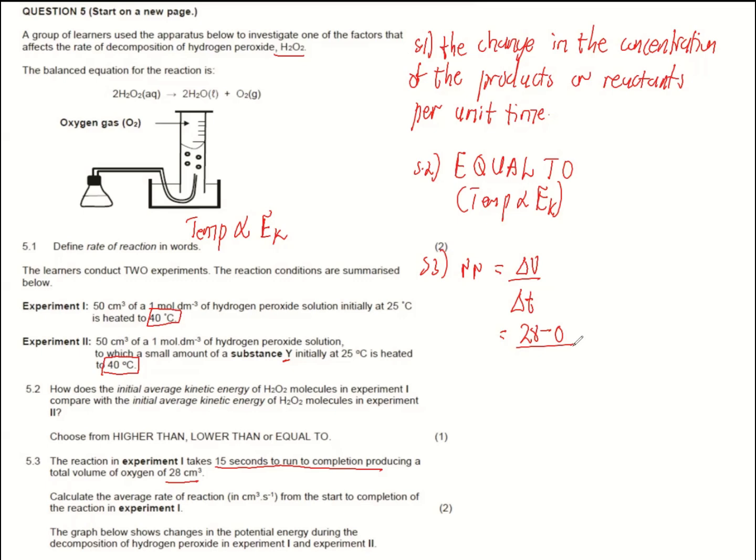And then the time, we said it takes how many seconds? 15. Initially the time was 0. So 28 divided by 15, you grab your calculator. This will give us 1.87 cm³ per second, right? So that's it to calculate the rate of reaction.